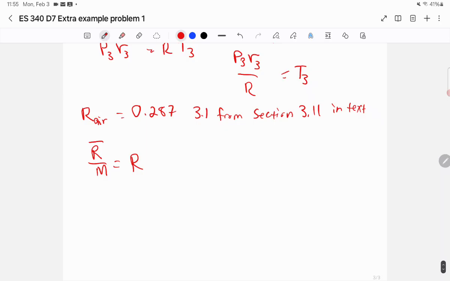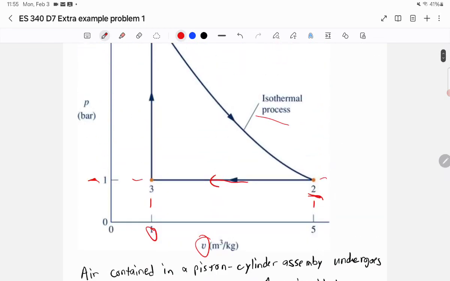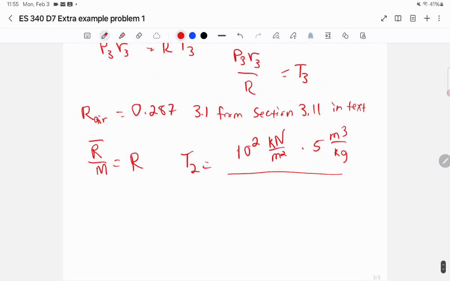Okay, and when I do that, then I find T2 is equal to, well, I'm going to want this in terms of kilojoules, so I'm going to use 10 squared kilonewtons per meter squared. That's pascals, right? Kilopascals times 5 meters cubed per kilogram. That was my volume that was up here for state 2.